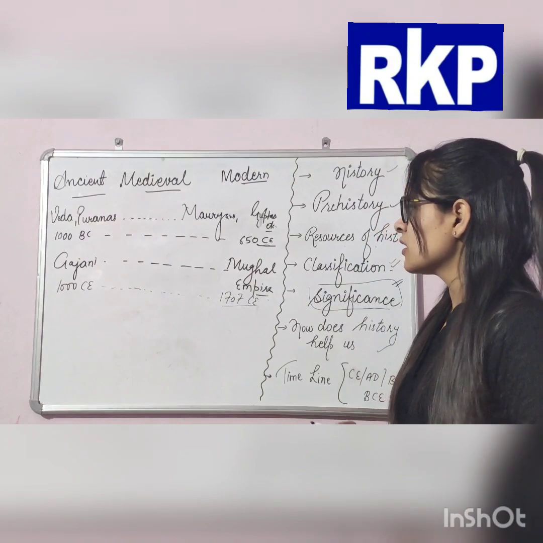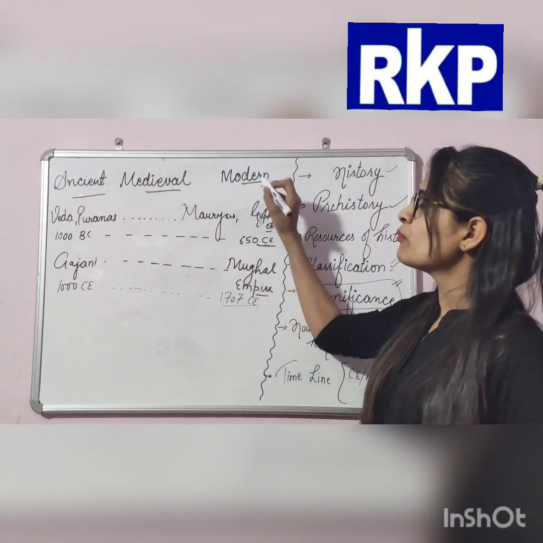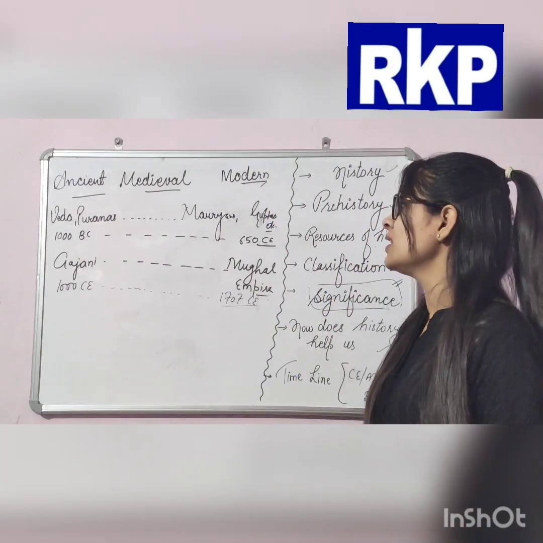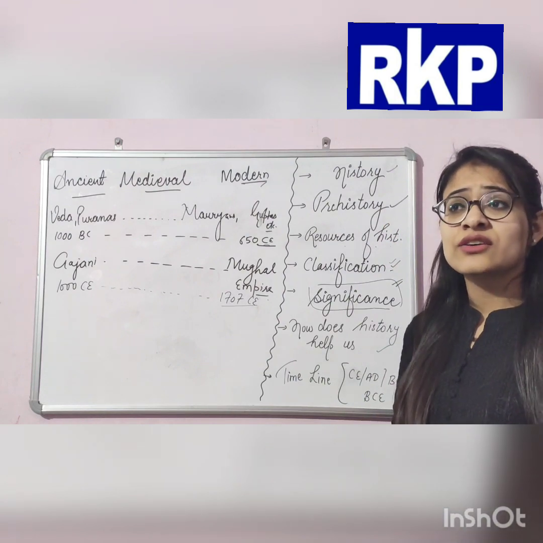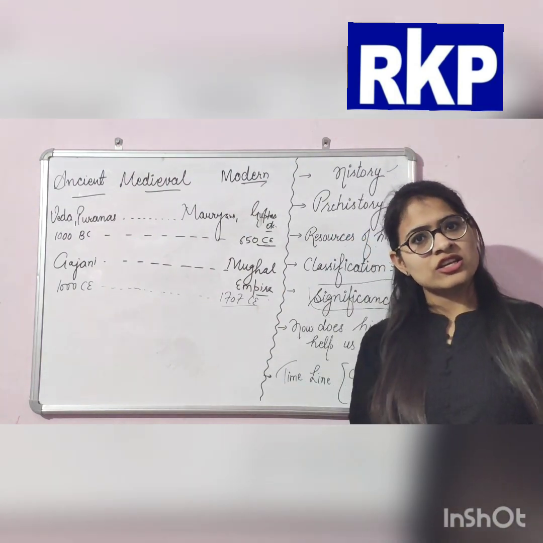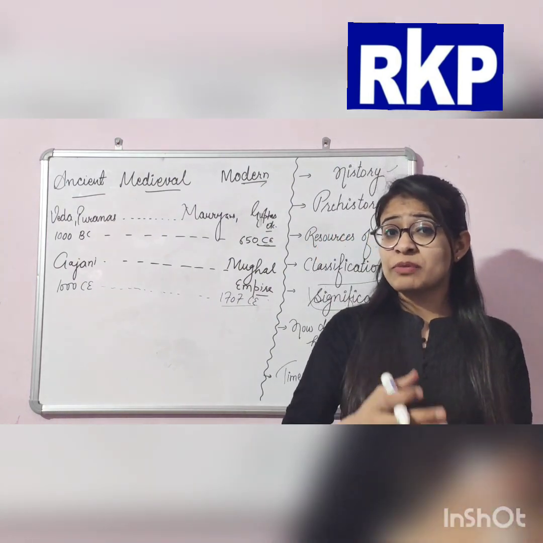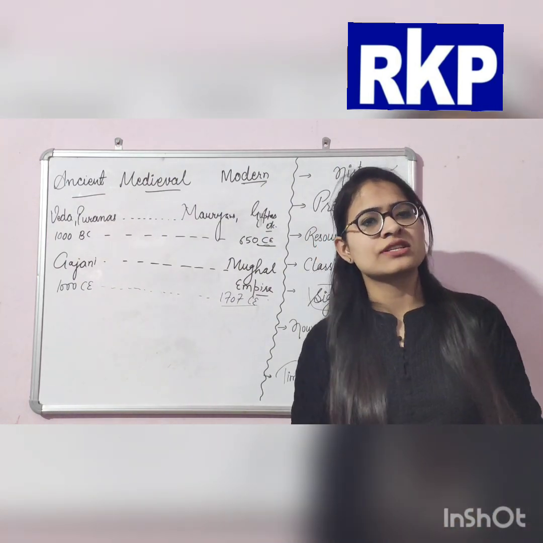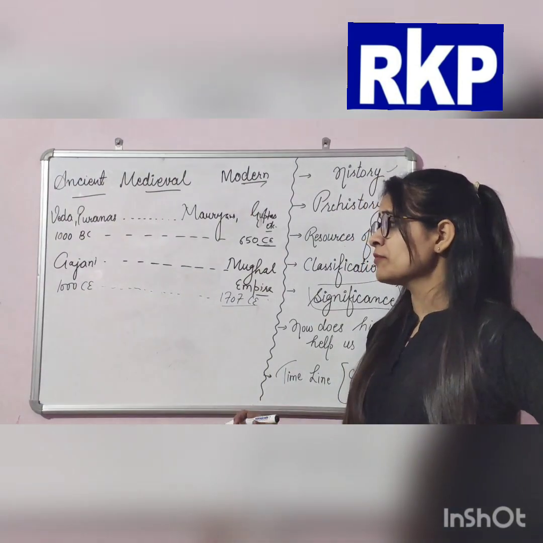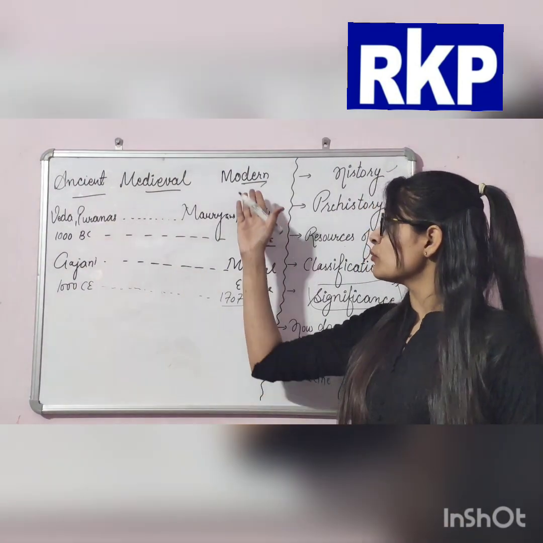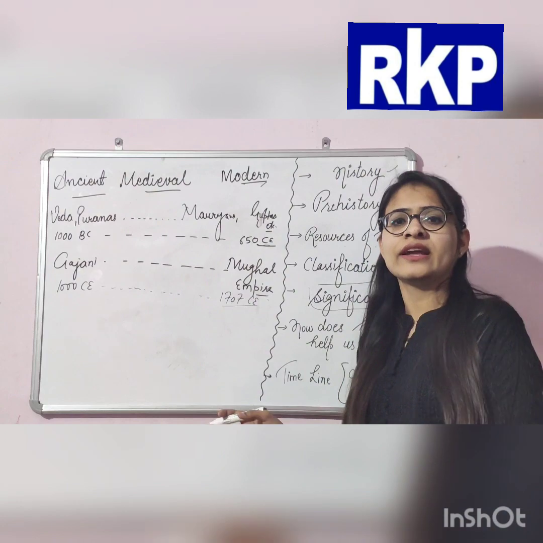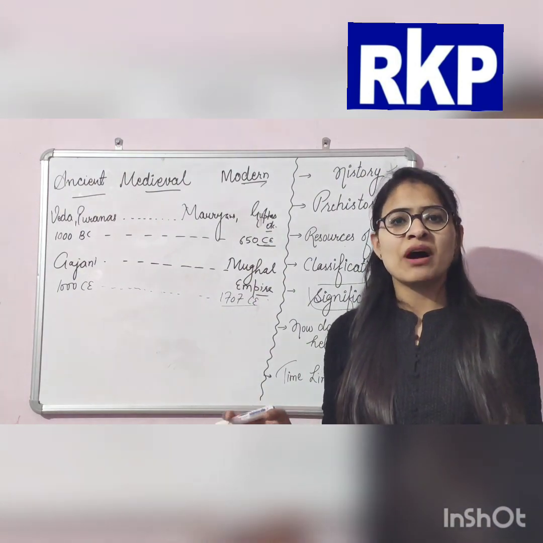Okay. Now modern history. Modern history usually starts from the mid of the 18th century, especially after the Battle of Plassey. The Battle of Plassey was fought in 1757, and after that we can say that modern history starts, at the time when the Britishers were powerful.